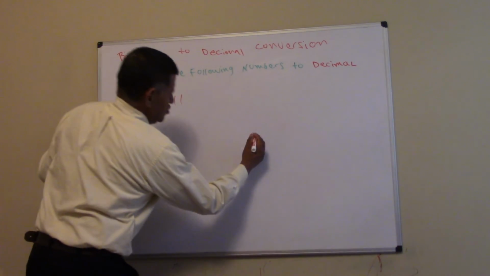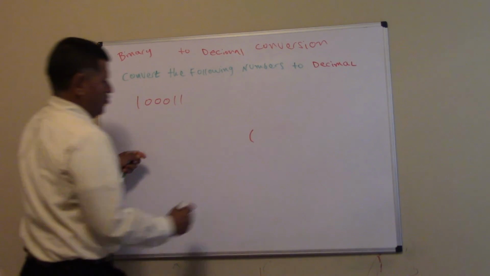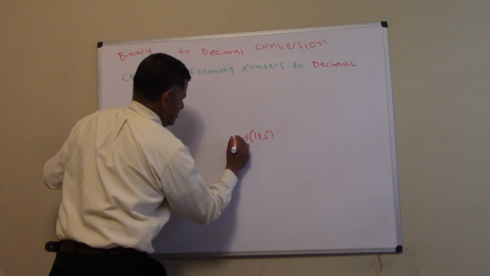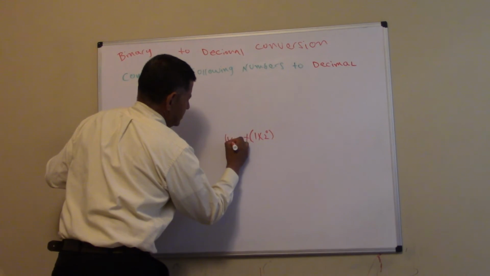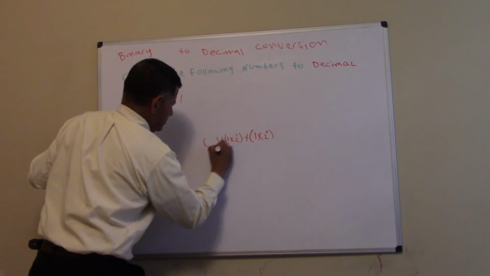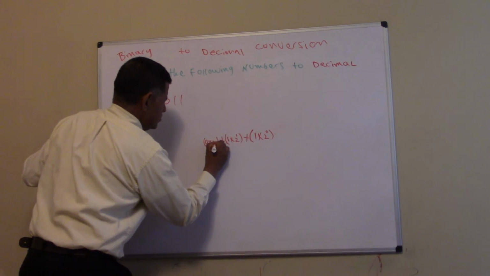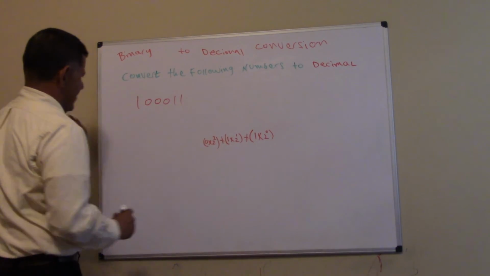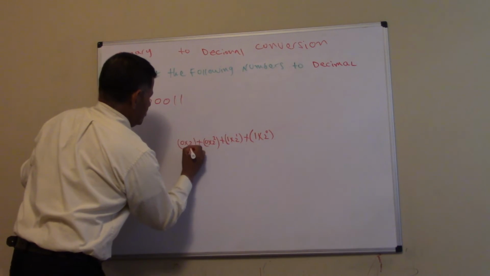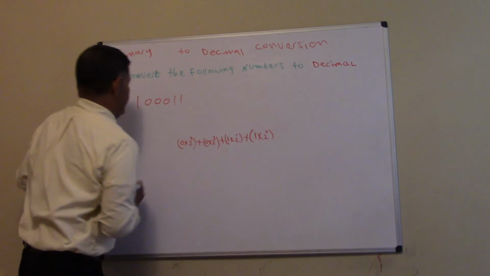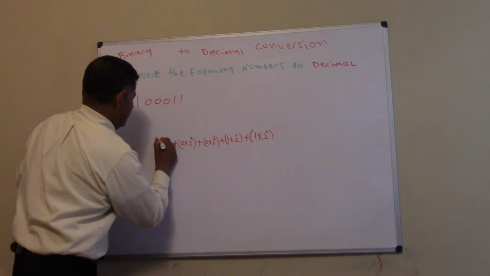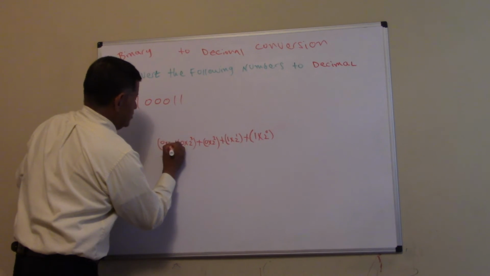Here we say it was 1 times 2 to the 0 power, plus 1 times 2 to the 1 power, and then plus 0 times 2 to the 2nd power, and then plus 0 times 2 to the 3rd power, and then plus 0 times 2 to the 4th power.